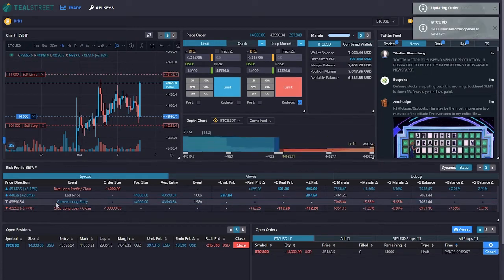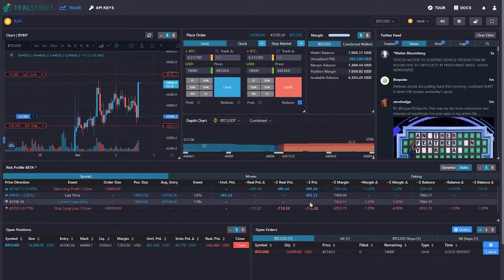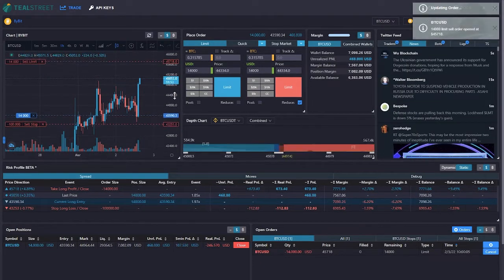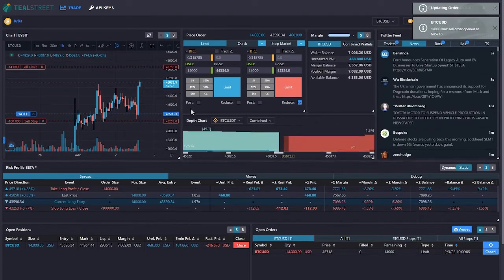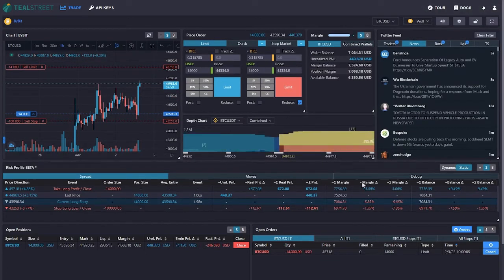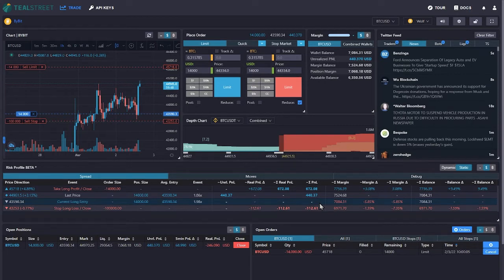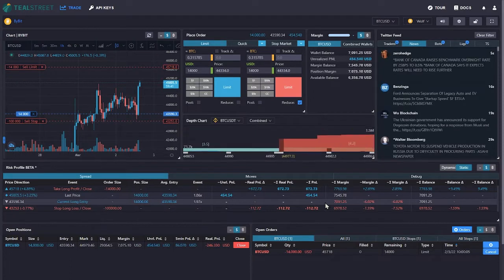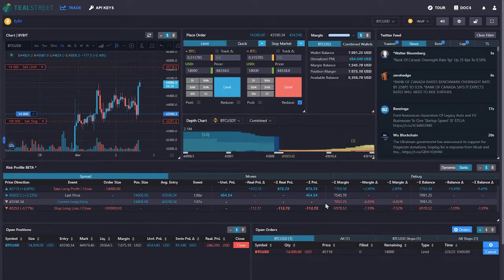That was what would happen if it went from here, the current long entry under static mode, all the way up to the top. And I need to not fill here. So under static mode, you would say, okay, in your mind, that's great. You take 672 divided by 112, and it's about a 6R trade. And you're like, wow, that's fantastic.